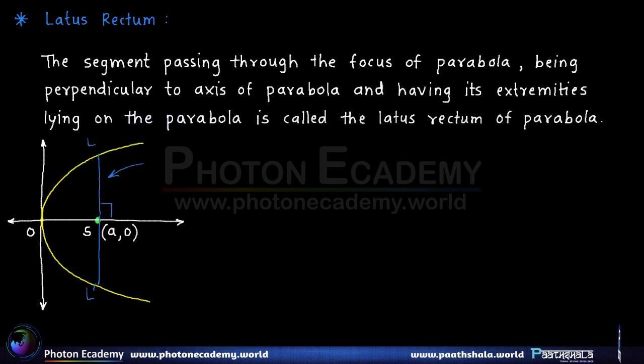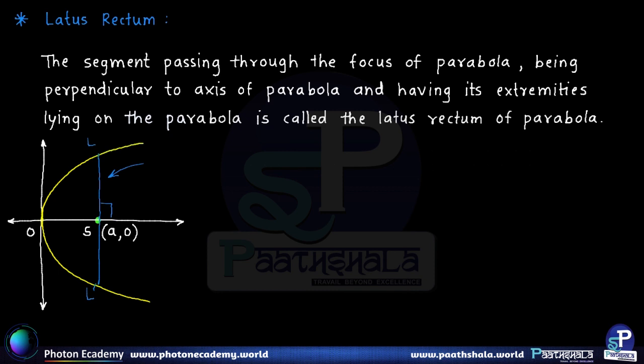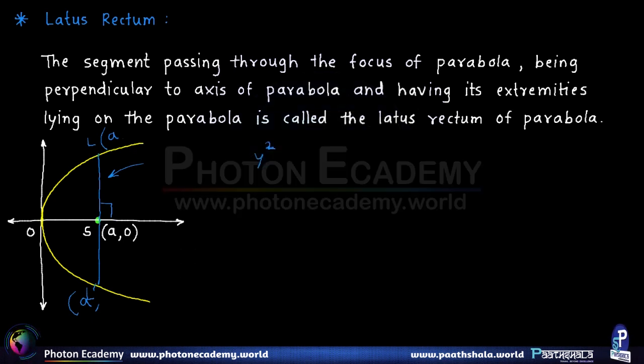For that, since we have drawn a perpendicular to the axis through the focus, clearly their x coordinates will be nothing but a, because that's the x coordinate of the focus also. Okay. And now since we have considered the standard parabola here of the type y square is equal to 4ax, let us substitute the x coordinate as a.